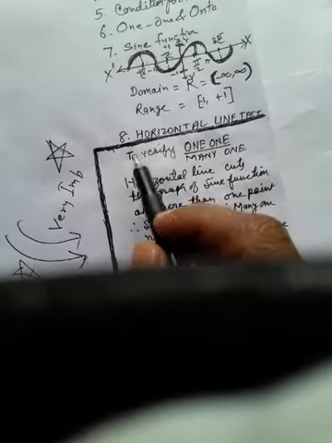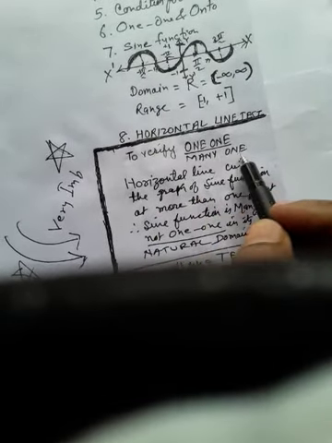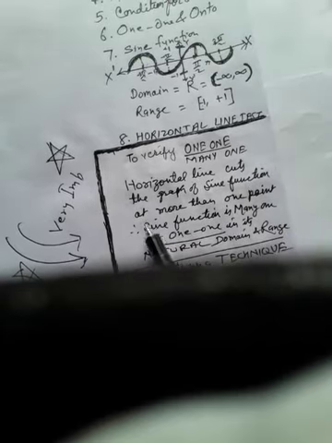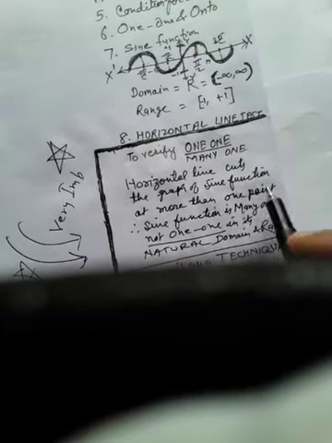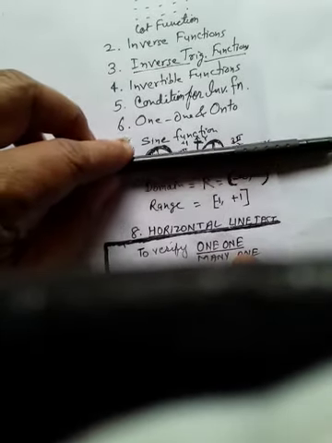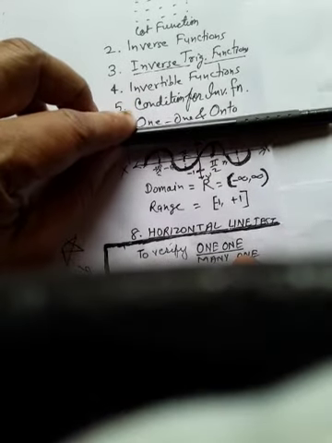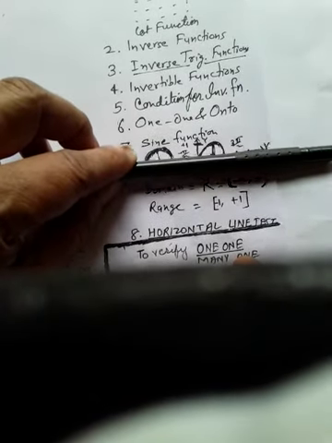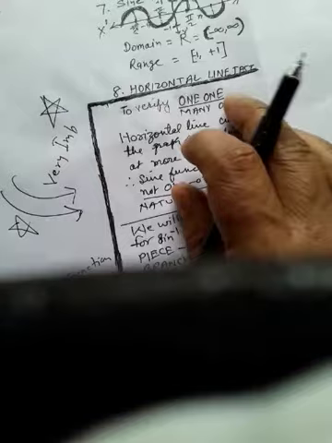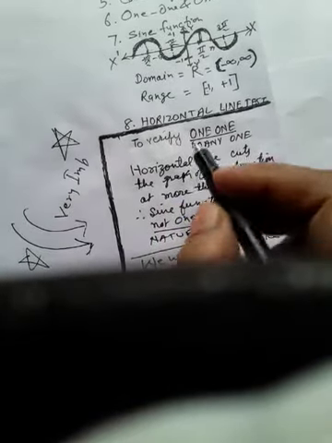To verify a many-one function, what do we have? A horizontal line cuts the graph of the sine function at more than 1 point. You take any horizontal line and you can observe very easily it is intersecting the sine function at more than 1 point.